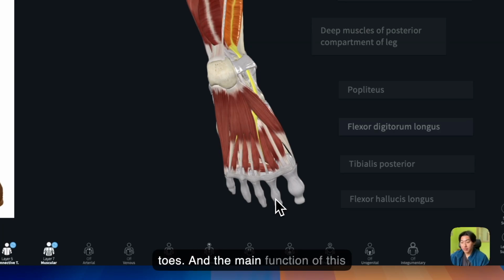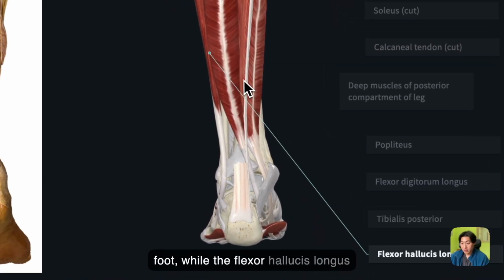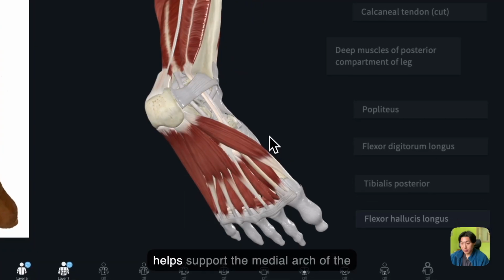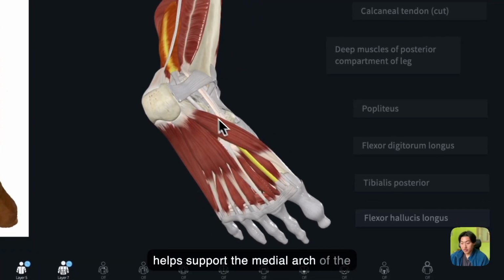And the main function of this muscle is to flex the four toes. And again, it helps with plantar flexion. Oh, one thing I forgot to mention is that the flexor digitorum longus helps support the longitudinal arch of the foot, while the flexor hallucis longus helps support the medial arch of the foot.